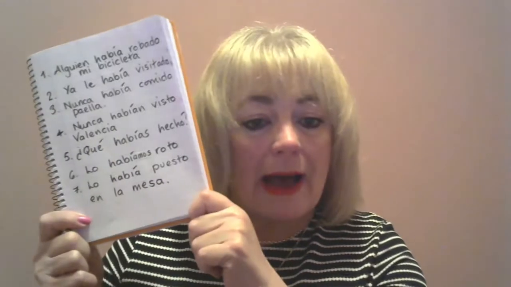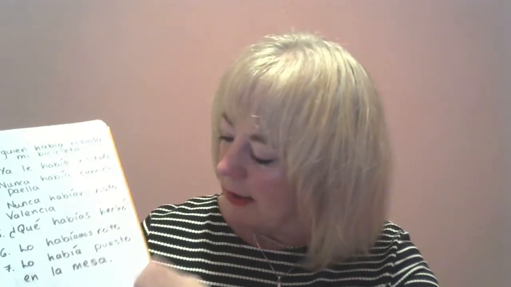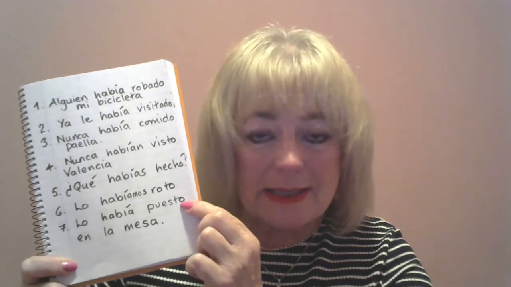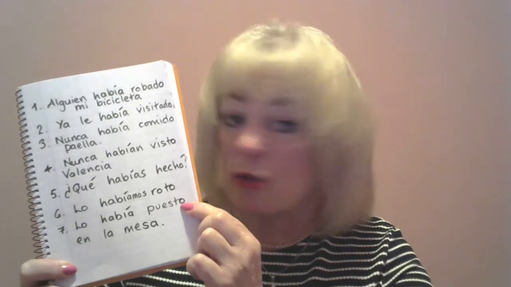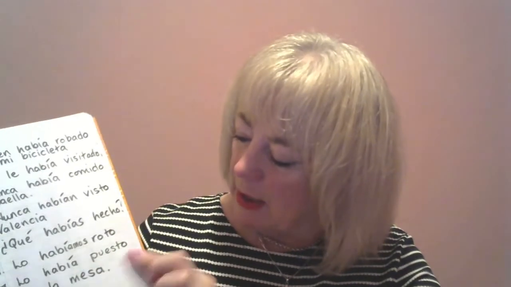Y número 7, lo había puesto en la mesa. So again, puesto is the irregular past participle for poner. So not ponido, puesto. Lo había puesto en la mesa. Ya, vale, está. Muy bien.